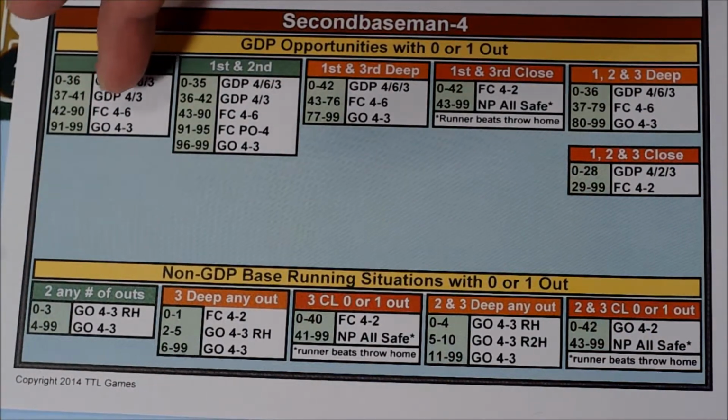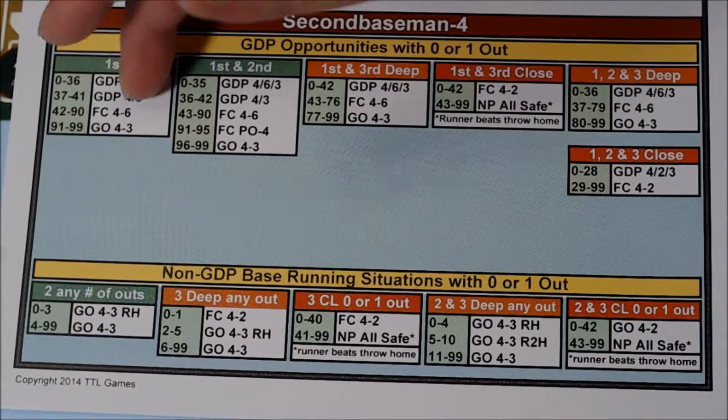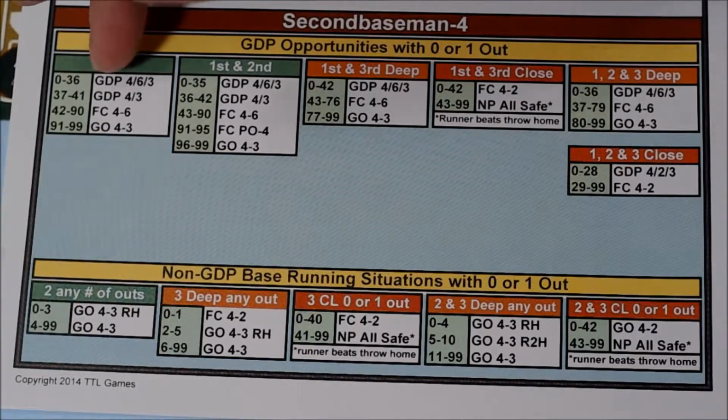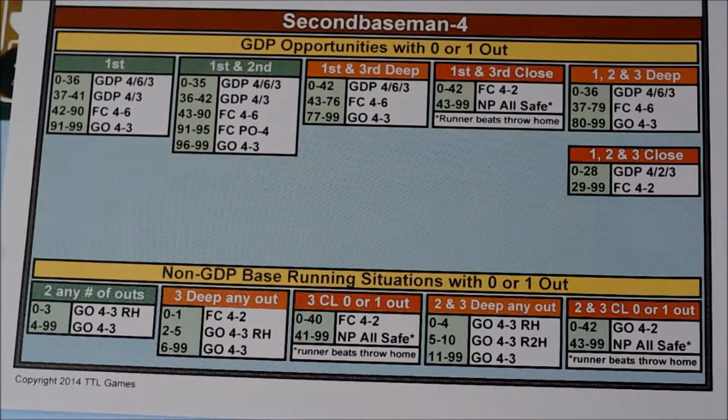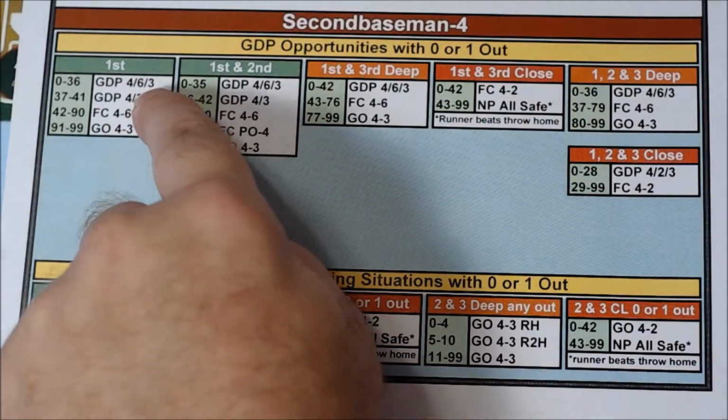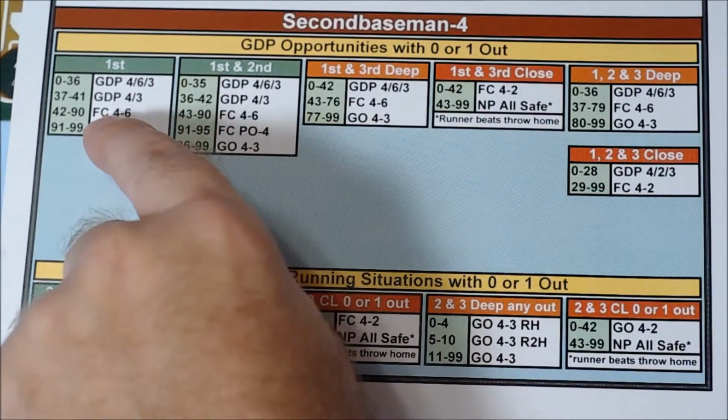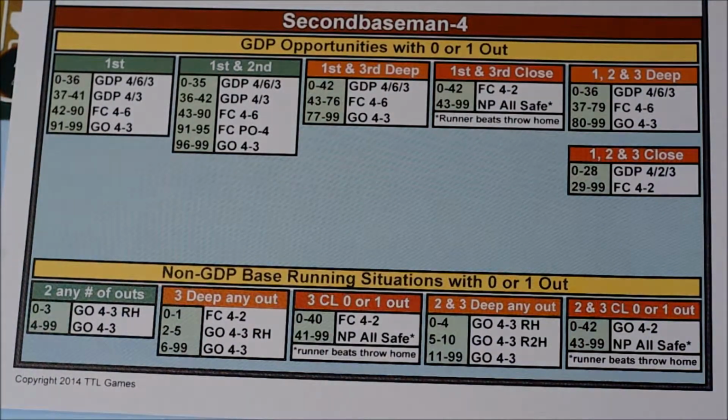The assist is always first, and the putout is always second. So a 4-6-3: it's hit to the second baseman, he shovels it off to the shortstop, who steps on second base and throws to the first baseman to double up the batter. A 4-3 would be unassisted, so it goes to the second baseman, he steps on the bag himself and throws to first base.